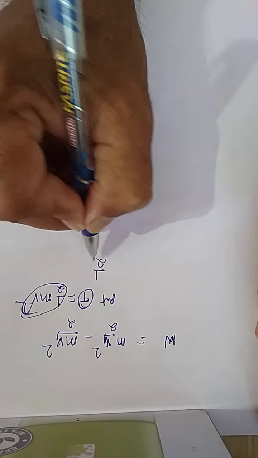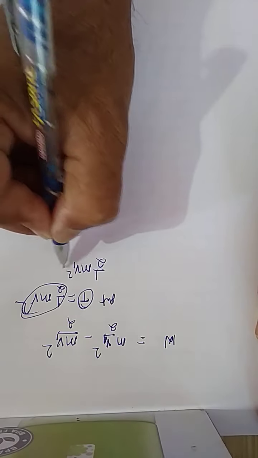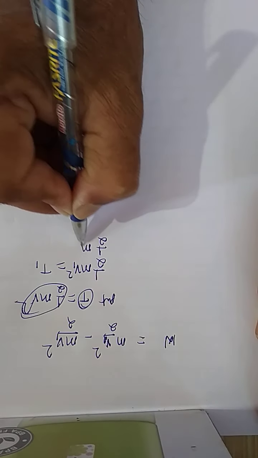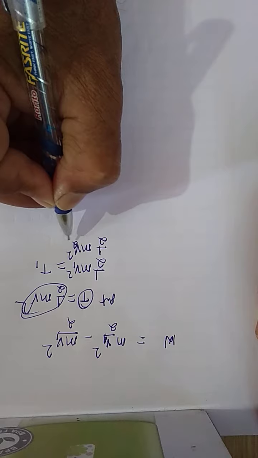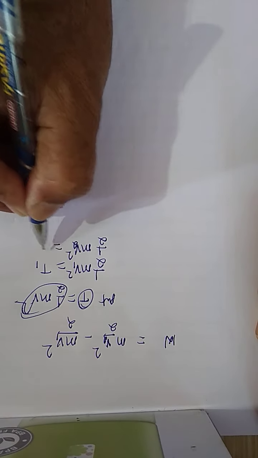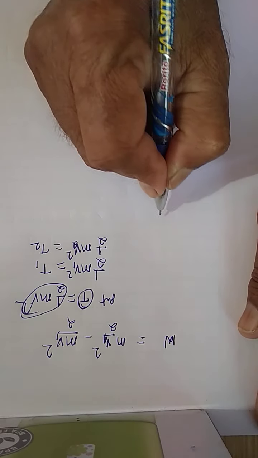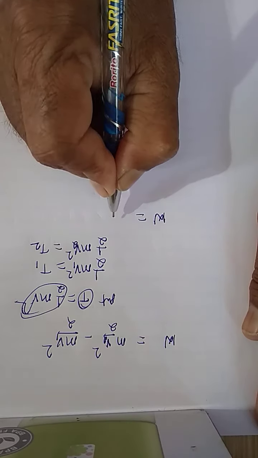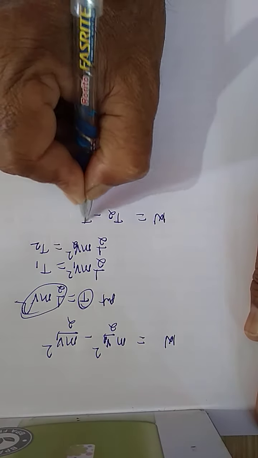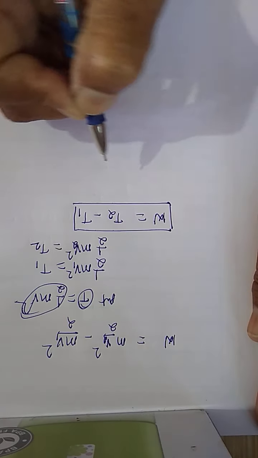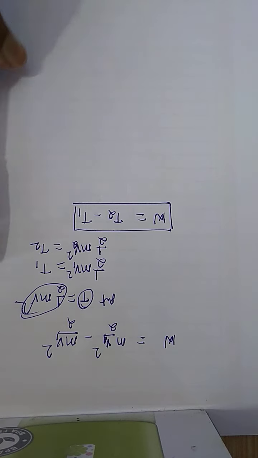Therefore half m v1 square equals T1 and half m v2 square equals T2. Therefore W equals T2 minus T1, which is the work energy theorem.